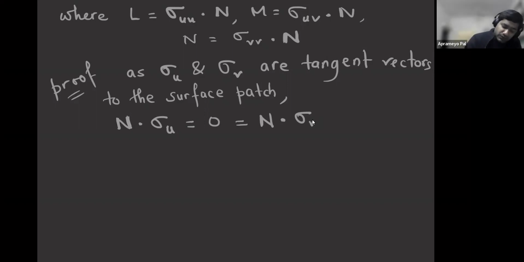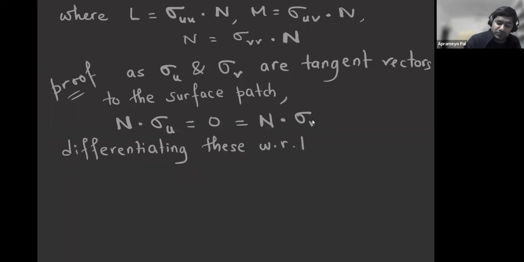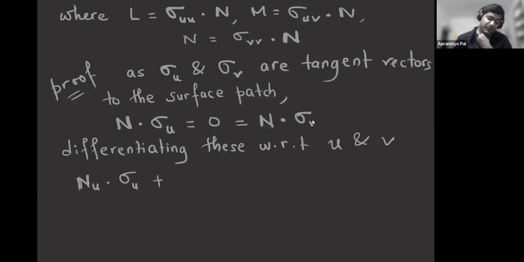But that's nice, because now I differentiate these two equations with respect to u and v. From the first, what you get is N_u dot sigma_u plus N dot sigma_uu equals 0. Here again, I'm sorry for the confusing notation, with bold N and N without bold. That's a bad notation, but since it's been going on for a long time, I can't change it.